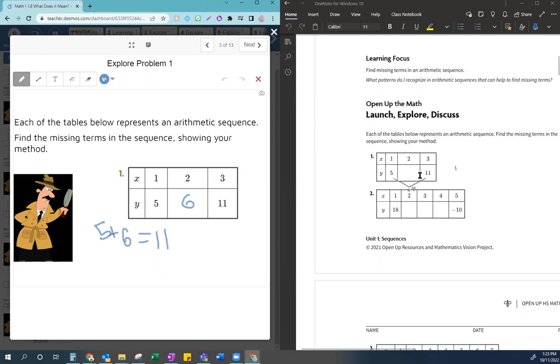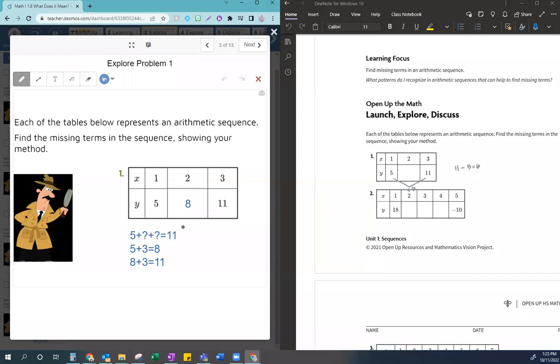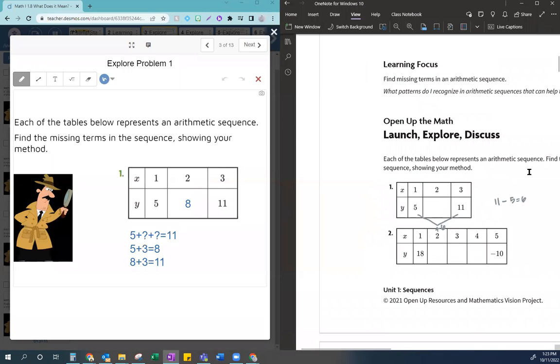So someone says 11 minus 5, Miss Johnson, that's 6. Where did this person get their 3 is my question. This 3. Why did this person write this plus what? Where does the 3 come in? Looking at what I have so far, where does that 3 finally step in?